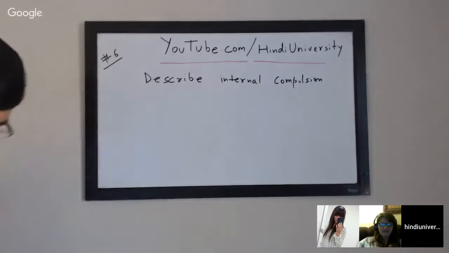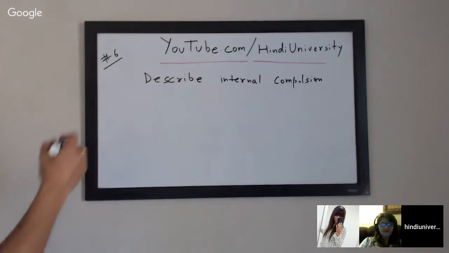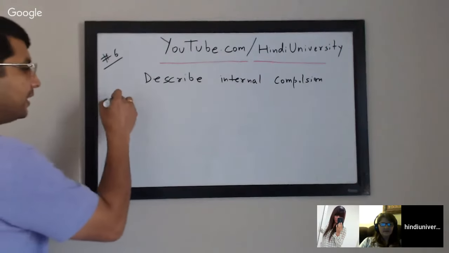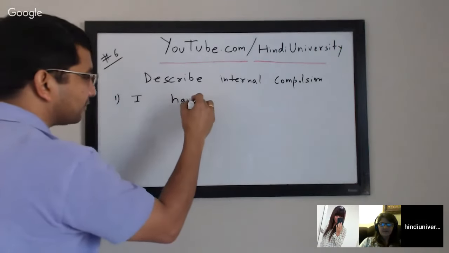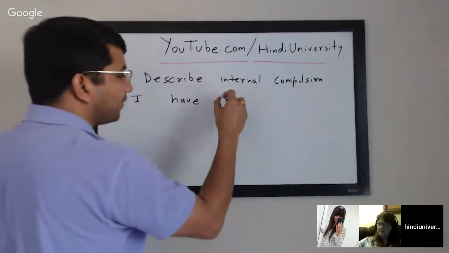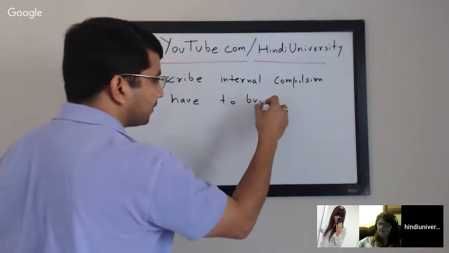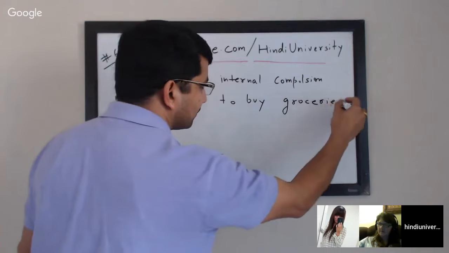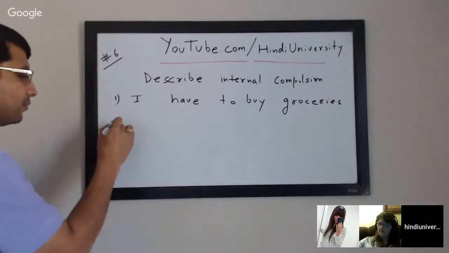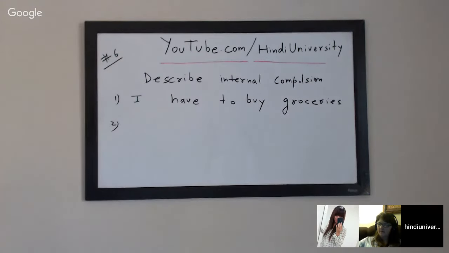So now I'm going to give you guys some more examples. Let's say you have to translate these as homework. Sentence number one: I have to buy groceries. The second one: I have to drink water.